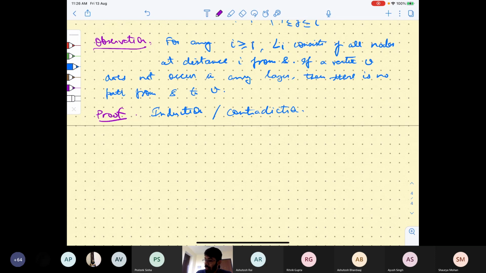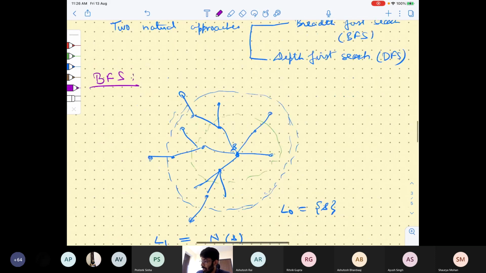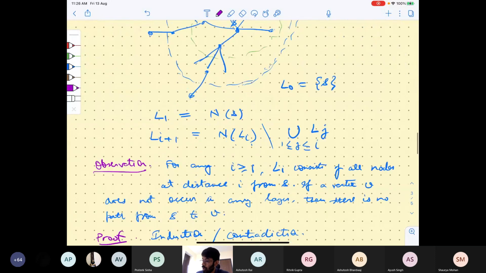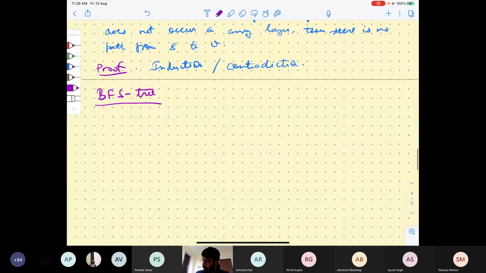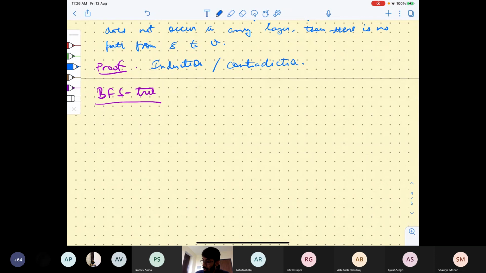Okay. So there is another concept related to breadth first search, which is the BFS tree. You see this thing, actually you can make it a rooted tree. So what do you do now? You start from S. And now you look at all the vertices which are at distance 1 from S. Suppose these 3 are the distance 1 vertices.